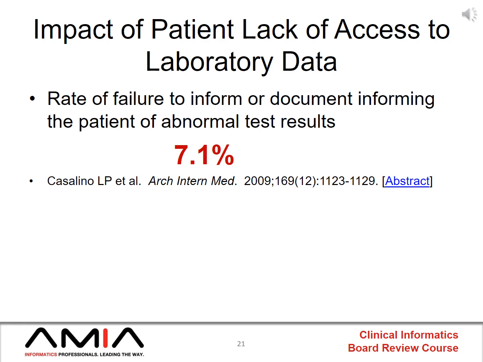And they found that in 7.1% of abnormal, clinically significant laboratory test results, there was no evidence in the EHR that the patient had been communicated with about them. Now, that certainly doesn't mean that that communication didn't happen, but it also means there was no documentation on it. So this is one of the reasons why the patient access rule was written.